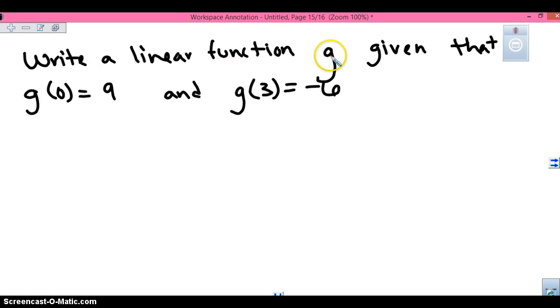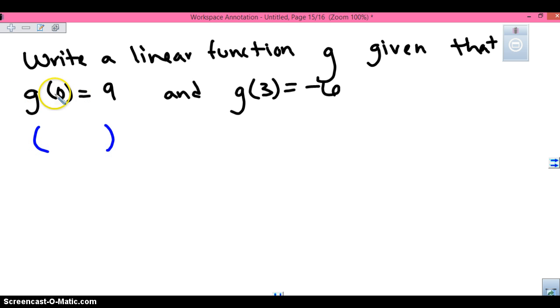Write a linear function g given that g of 0 equals 9 and g of 3 equals negative 6. Now, hiding in this function is what x equals and what y equals.